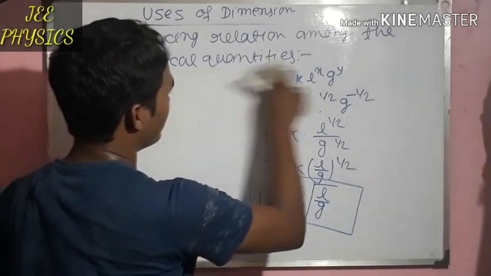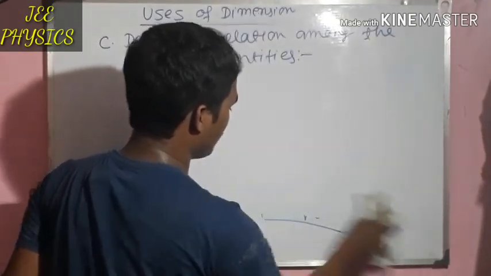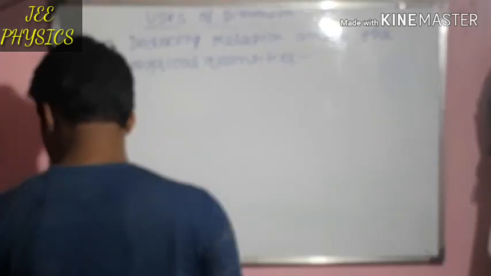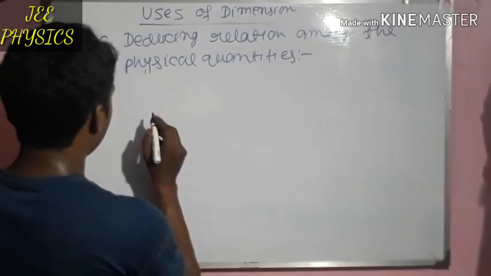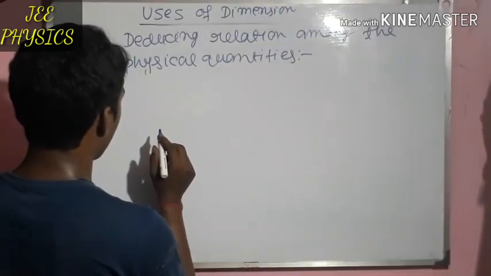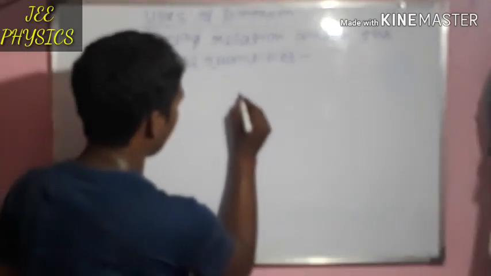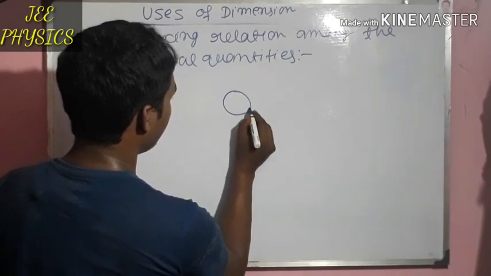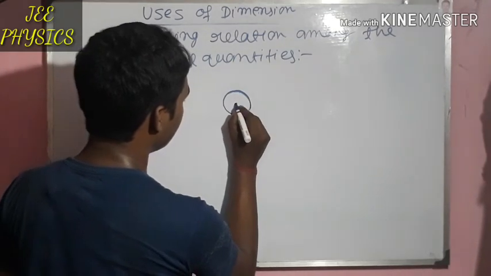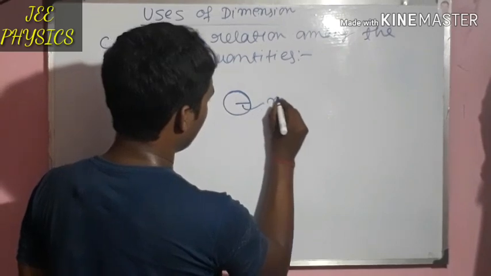If you are a class 11 student, then I suggest you dimensionally find the relation between some physical quantities. I give it here. Here I have a ball. This is a spherical ball which has radius r.